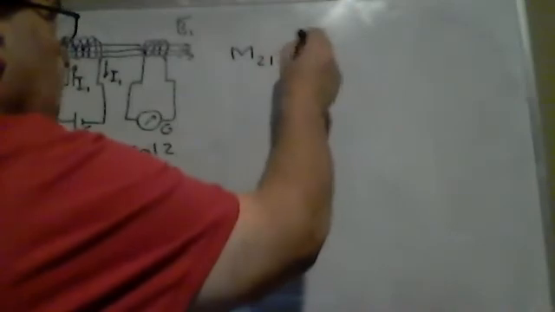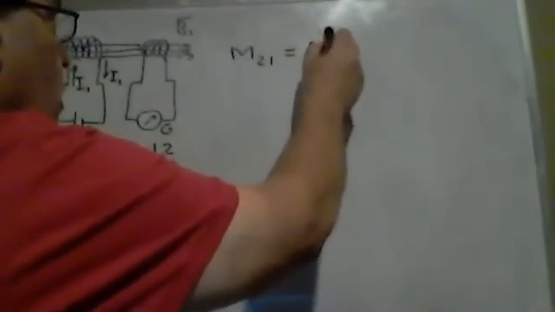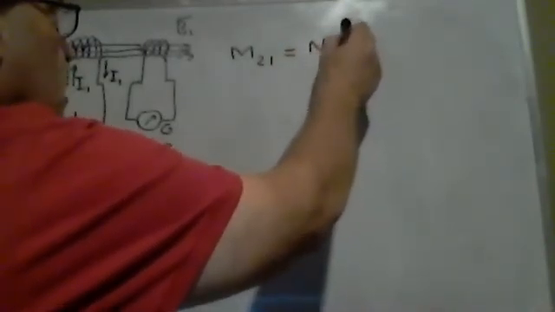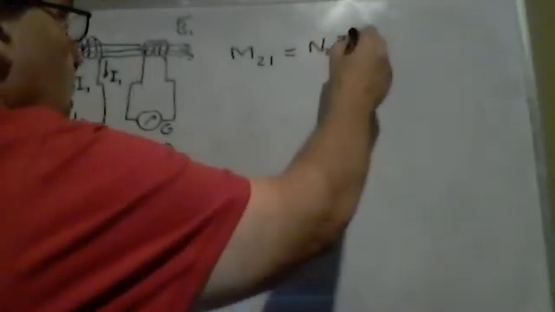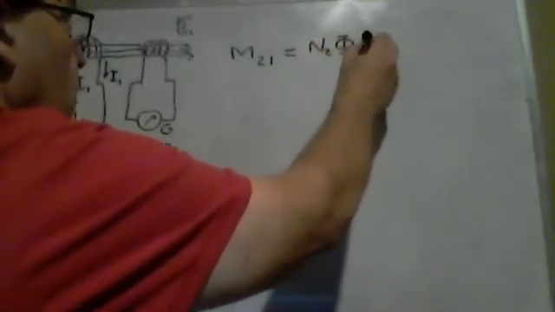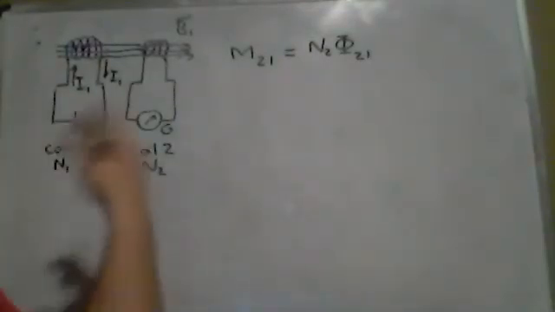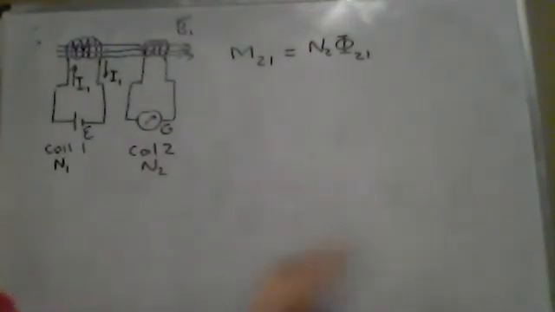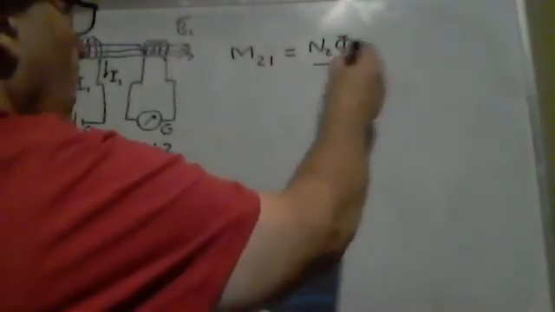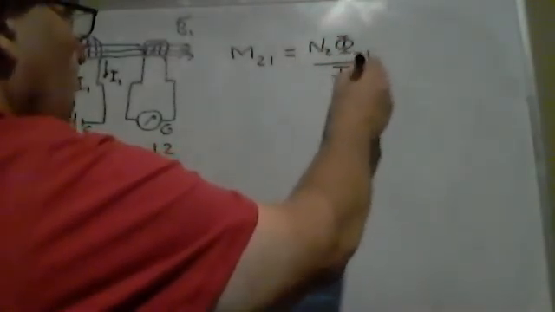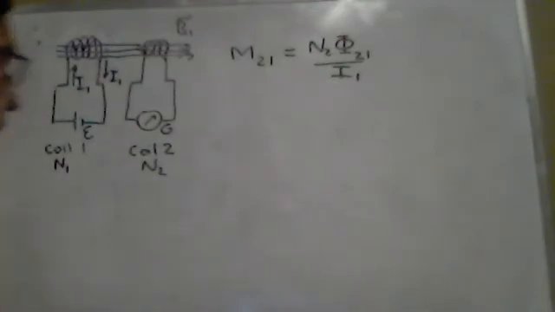Again, the number of flux linkages is for coil 2, so we're going to use the number of windings in coil 2. Again, this is the flux in coil 2 due to the magnetic field from the current in coil 1. And we're going to divide by the current that's causing all of this to happen, which is set up in coil 1. So that's I1.